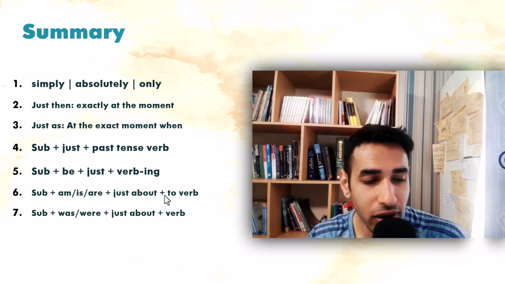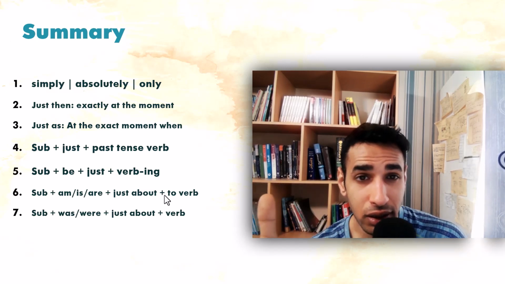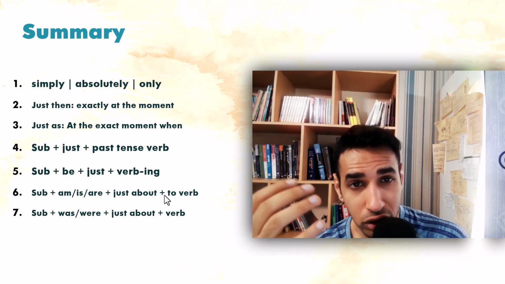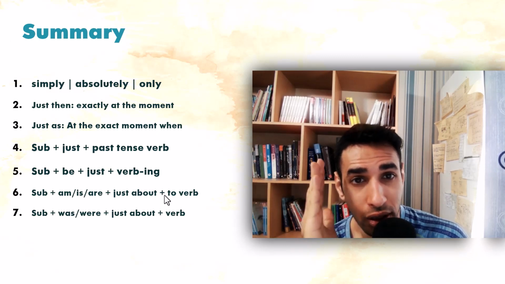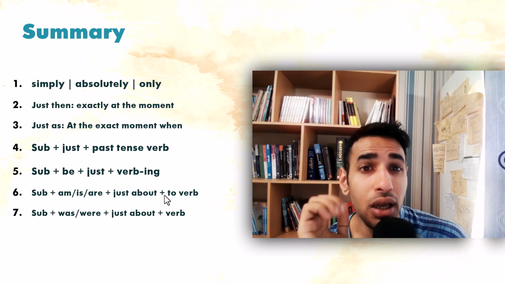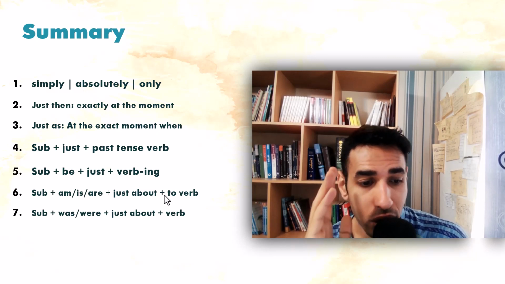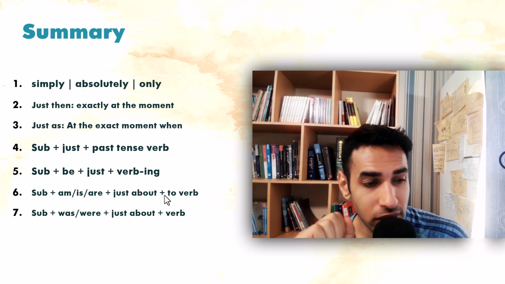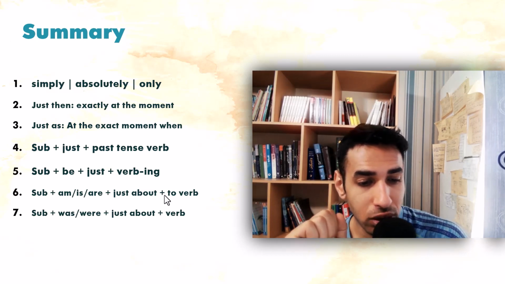And finally, we can use just for actions that were going to happen but interrupted. Somebody wanted to do something, but the activity was interrupted. Subject was, were, just about, verb.